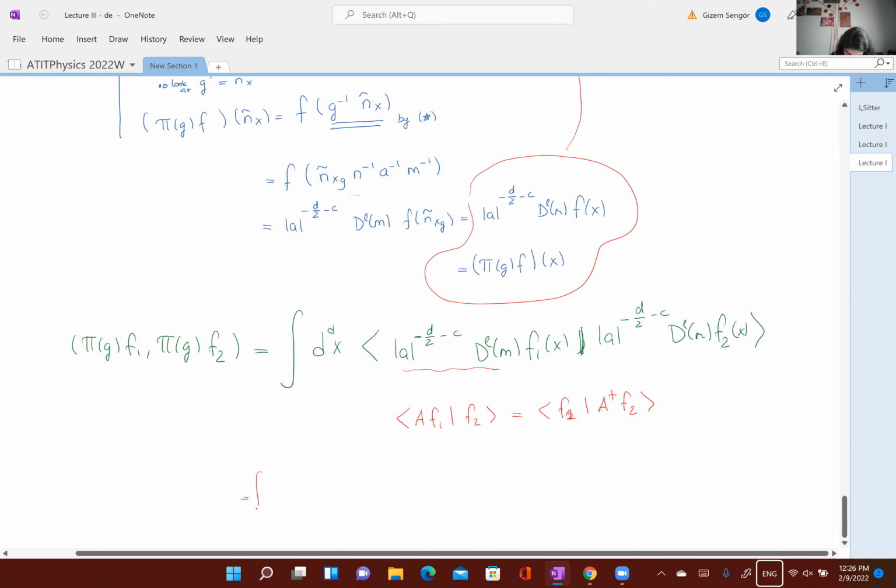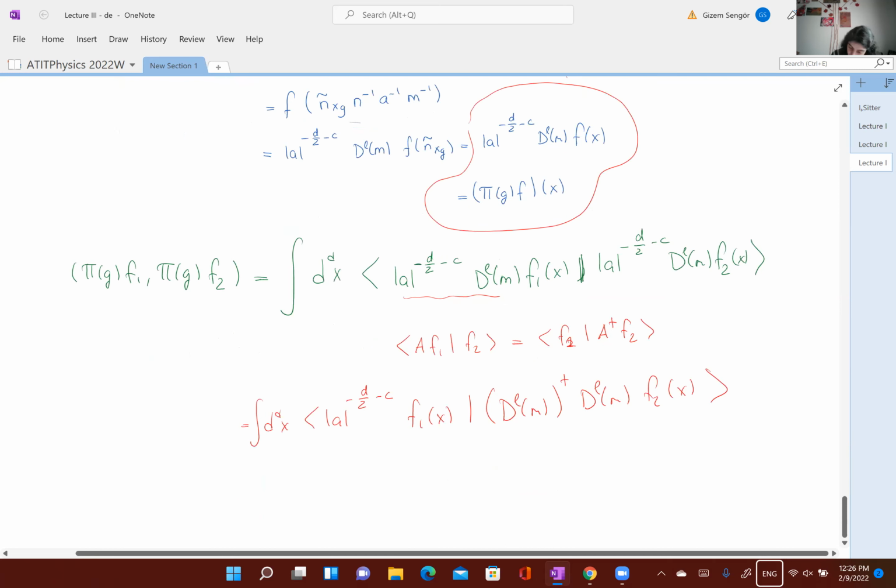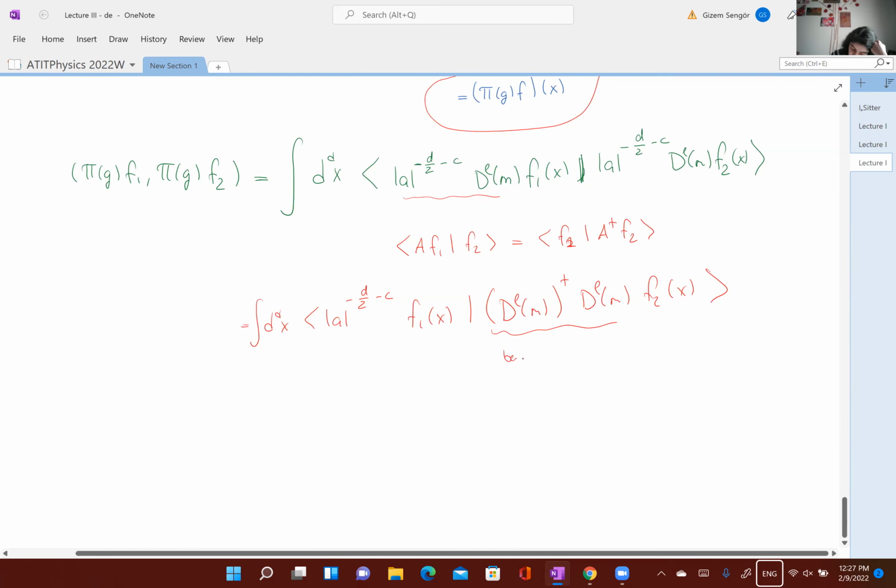So these, okay, let's leave that there for now. Now, being unitary distributed representations of SO(D), this D_LM dagger D_LM is just identity. So this drops out.